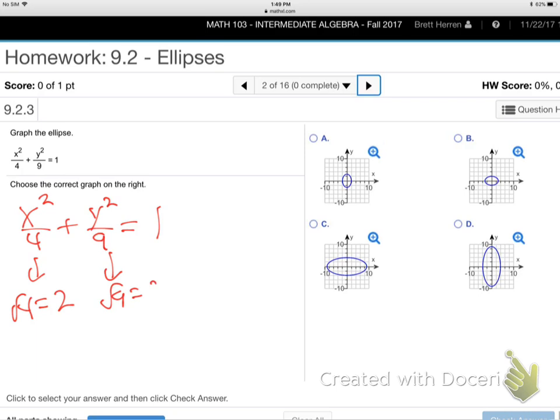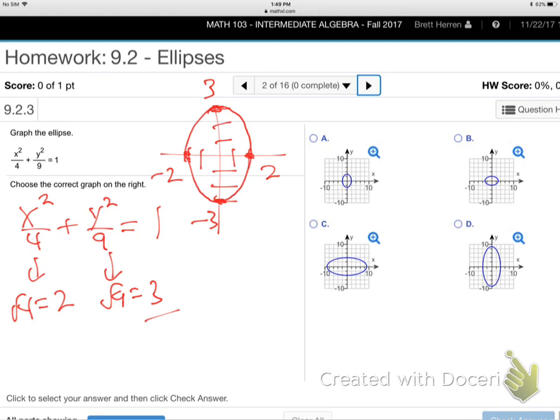Underneath y, square root, 3. So that means whatever's x is right, left. So it's right 2, left 2. Right 2, left 2. And then up 3, down 3, 1, 2, 3. Down 3. So this one is taller than it is wide.